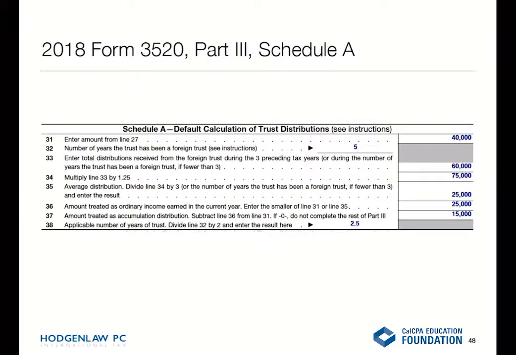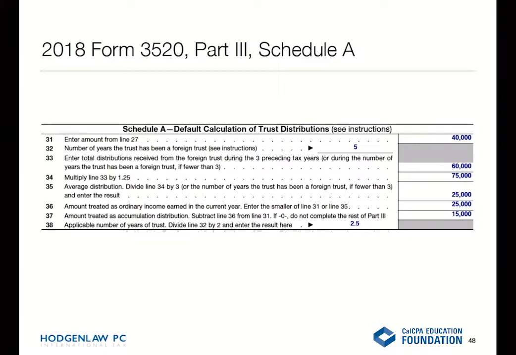Total distributions from the foreign trust during the 3 preceding tax years, that's the 2017, 16, and 15 amounts, which were 30,000, 20,000, and 10,000, so we get 60. Multiplying that by 1.25 is 75,000. Divide by 3, that makes the average distribution 25,000.